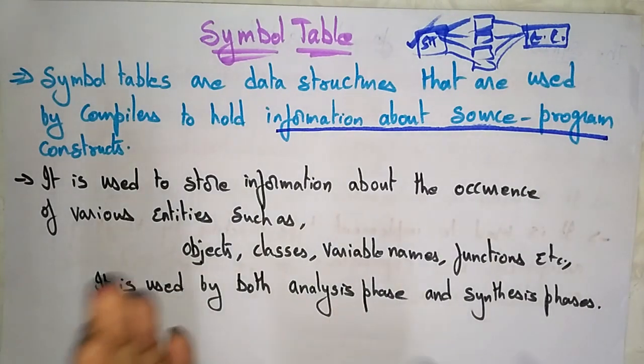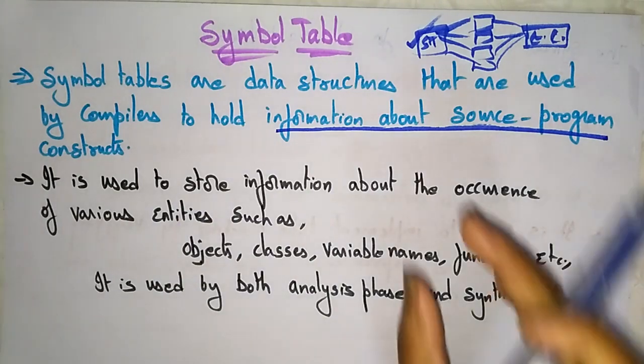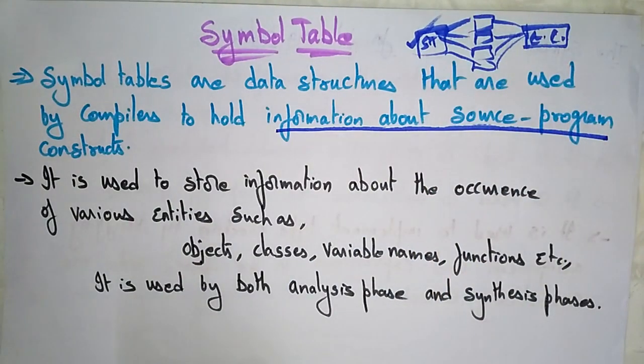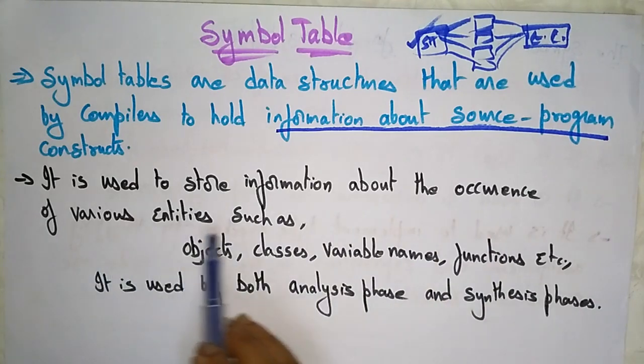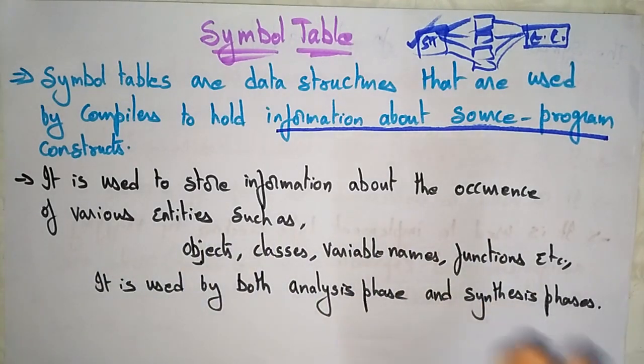While converting the source to the target, it needs some information regarding the source program. That information will be stored in the symbol table. It is used to store information about the occurrence of various entities such as objects, classes, variable names, functions, etc. It is used by both the analysis phase and the synthesis phase.